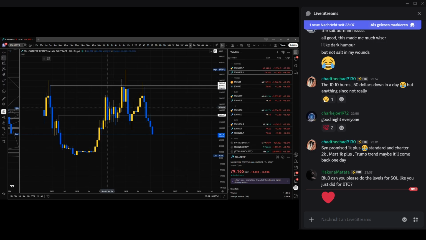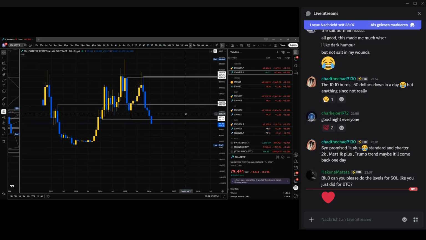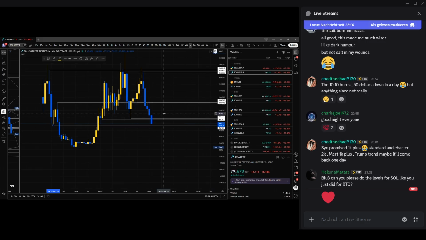Then we have a lot of piano game in here, so not a lot of break levels. Also why there's not a lot to support price really, and just hot knife basically through it after this level here was lost. And now this is the ultimate low to be lost, which is very painful. You can already see there's absolutely not a whole lot to really catch it, but we have luckily at least one line, which is at 75.